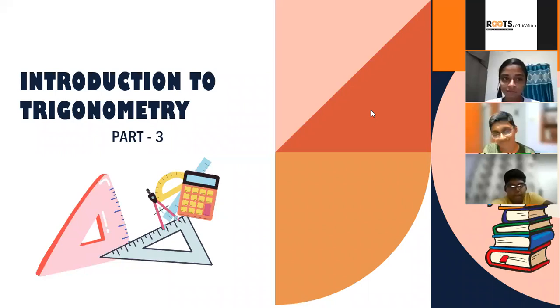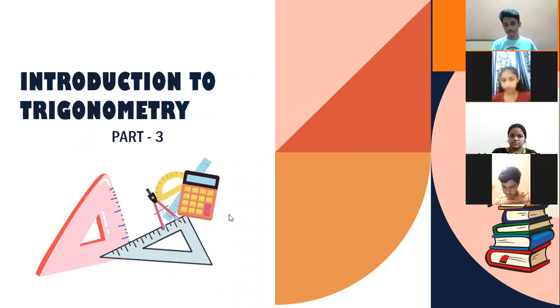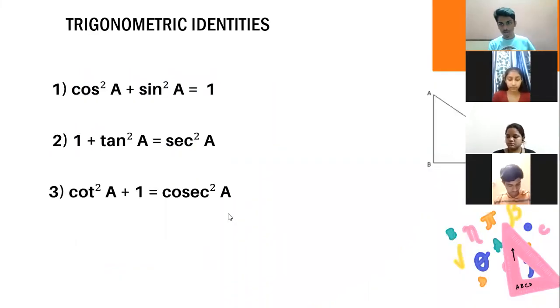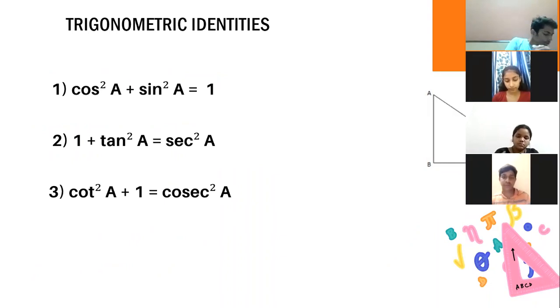Today we will discuss standard trigonometric identities. Identities are basically nothing but the formulas that we have. Here in trigonometry we have three standard formulas. Write them down, and you need to remember them. Very important.